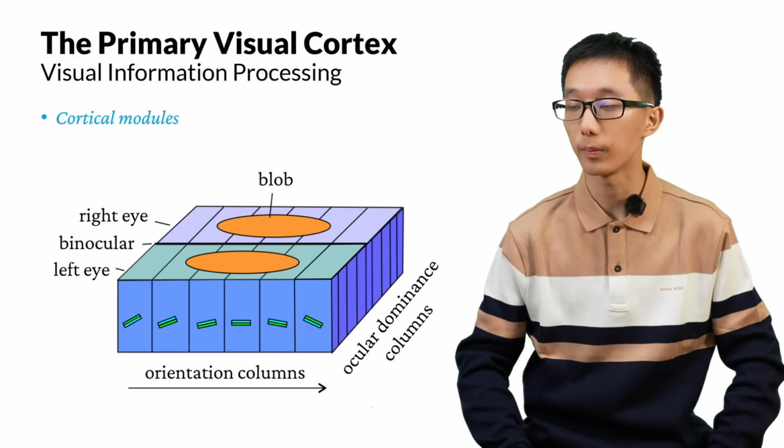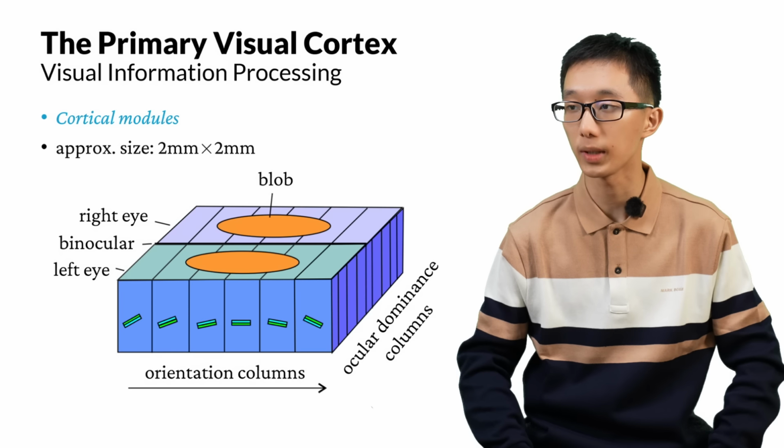From what we've talked about before, we can construct a model called the cortical module. This is because if we take a small column of around 2 mm times 2 mm from the cortex, then this small column, or cortical module, can present a lot of information from the visual cortex.